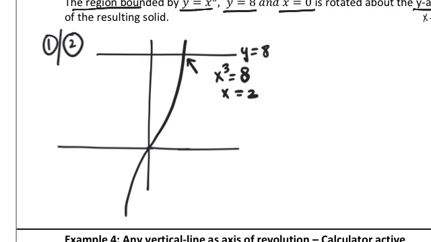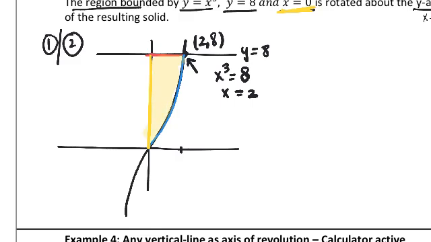So this point of intersection is (2, 8). And our region is the region trapped between this line, this x cubed, and x equals 0, or the y-axis. So here's our region. I'll just shade it in here.